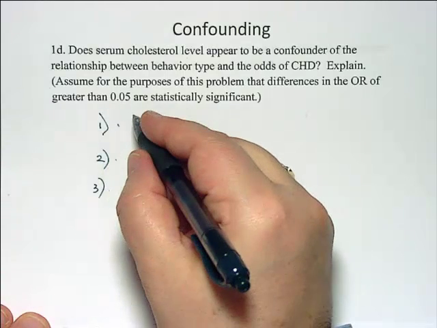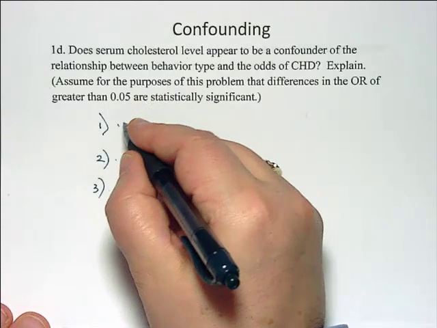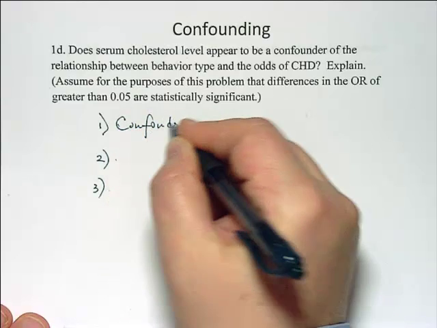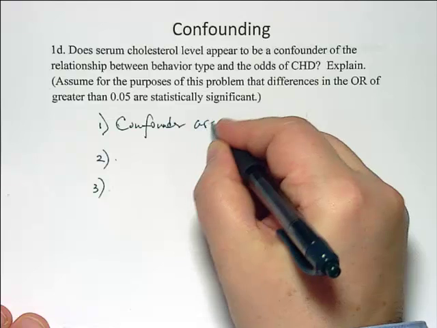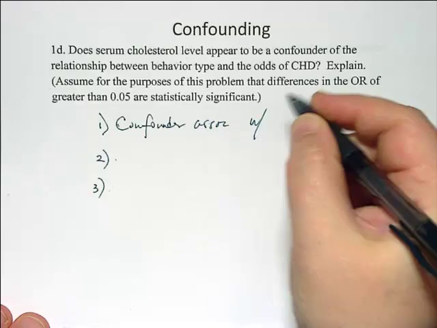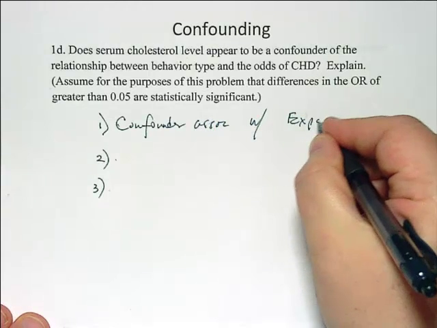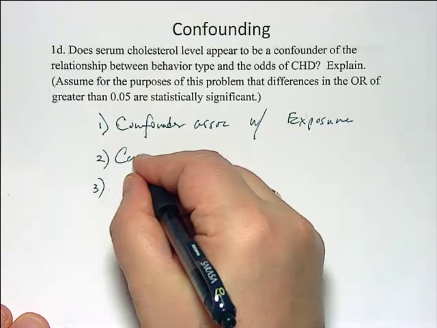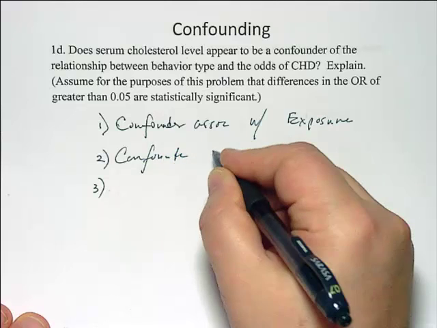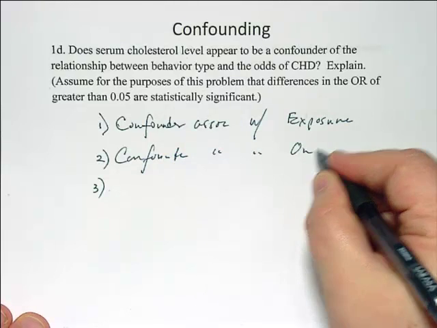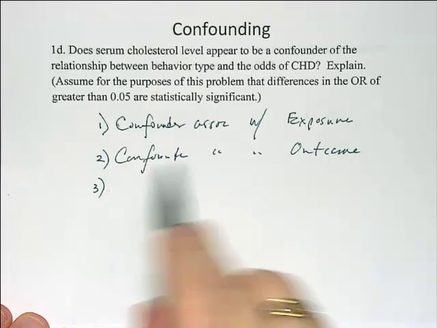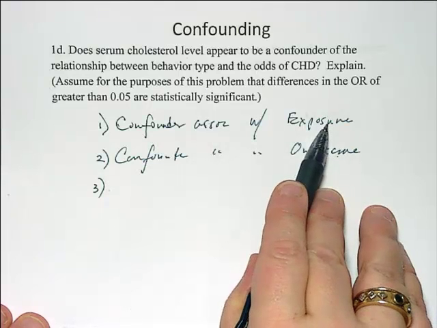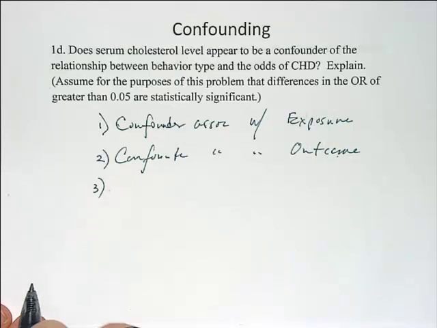So for instance, the confounder has to be associated with the exposure. And that's what we just did. Okay? The confounder has to be associated with your outcome. Otherwise, there's no way that an association is coming up into your exposure relationship.